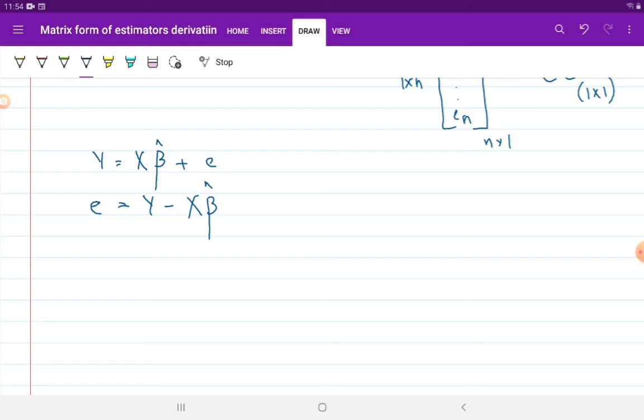Remember, all of these elements are matrices, right? So when we are finding E square, which is E transpose times E, I can write that as y minus x beta hat, transpose, times y minus x beta hat.